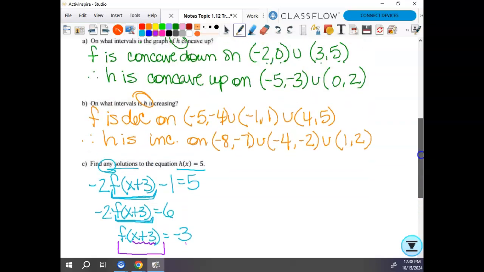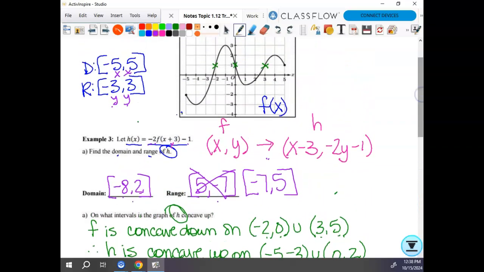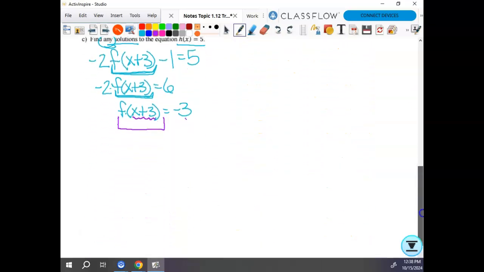So I go up here. When y is -3, here's -3, there's only one time in my function where y is -3. That happens when x is -4. You with me on that? So now, right now I have y equals y.